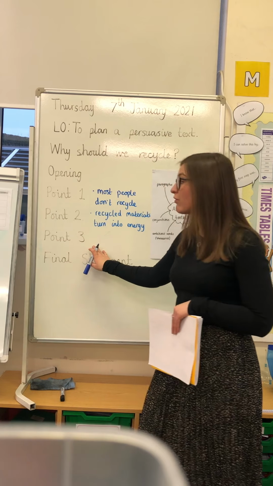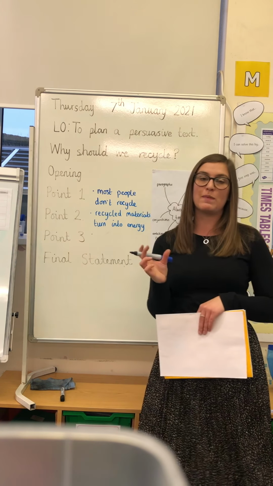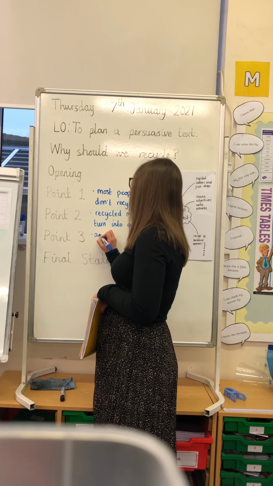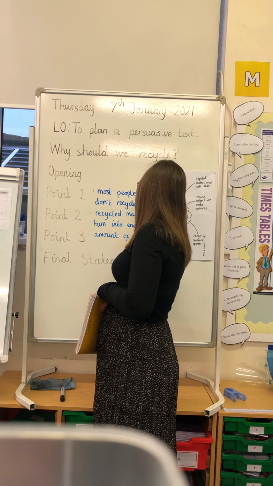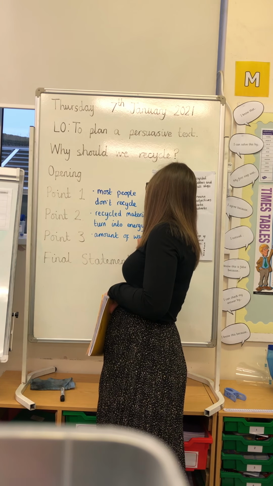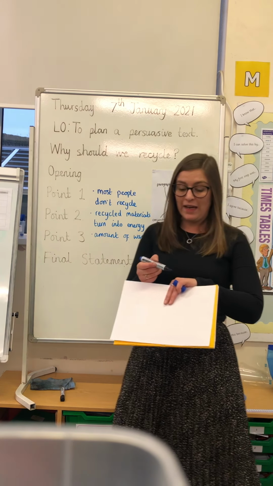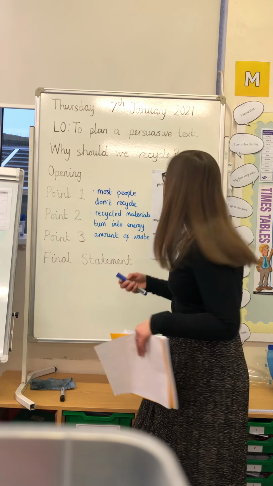And then point 3, we said the amount that's produced in such a short space of time is enough to do this. So it might be just the sheer amount of waste is too high, and what are we going to do with it eventually? So we need to think of something now before our country becomes overloaded with rubbish.